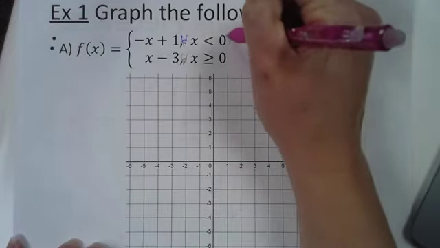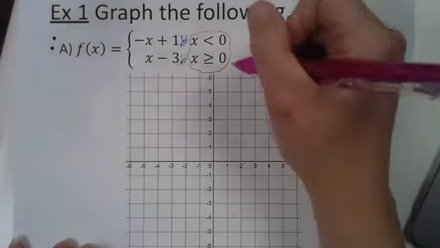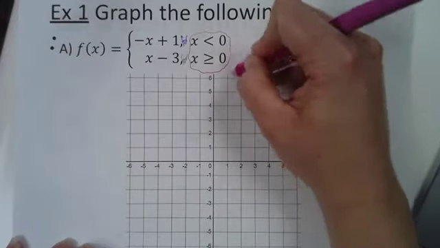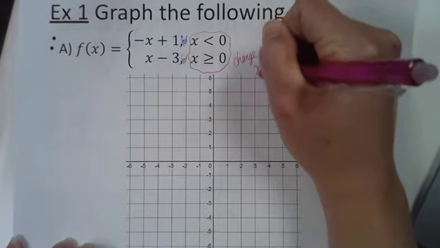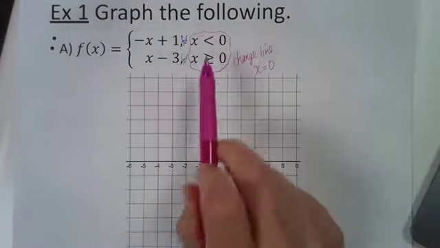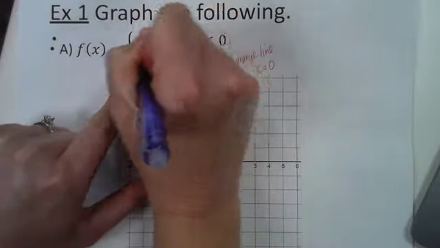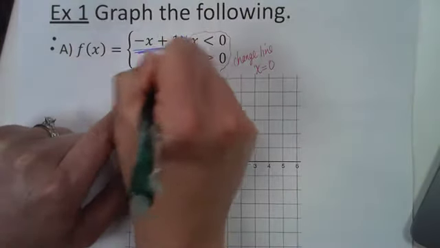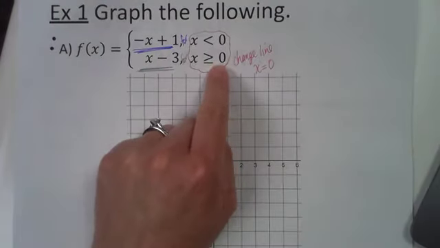I'm going to call that our boundary line, or maybe I'll call it our change line. And we're changing around x equals 0. We're using the top equation for x values that are less than 0. And we're going to use this bottom equation for x values greater than or equal to 0. So things are changing right here at x equals 0.